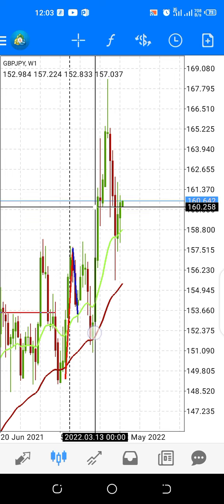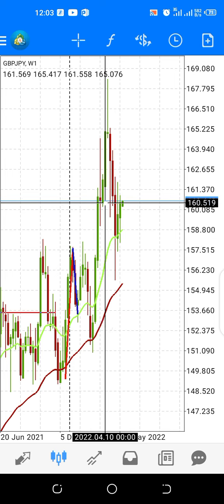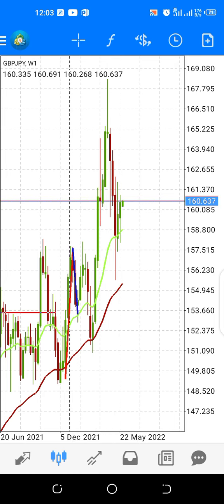You could see the body of the last week candlestick is almost the same as the wick, or the wick might even seem bigger, which is telling you that the buyers are not that much in control, though they're in control of the bullish run, but the difference is not that much. Okay, you can see the wick is directly proportional to the body, if not even more than it.